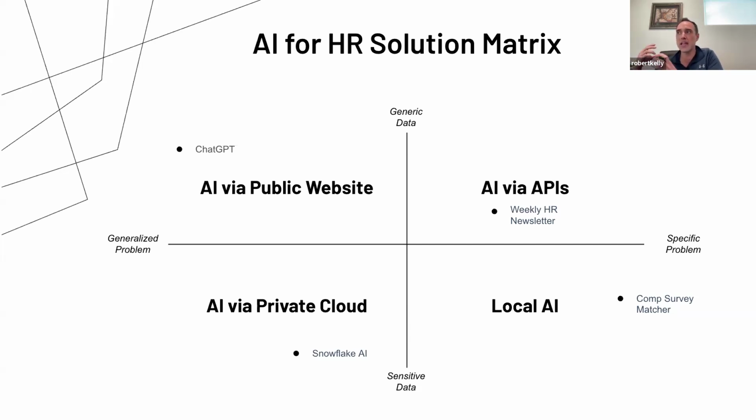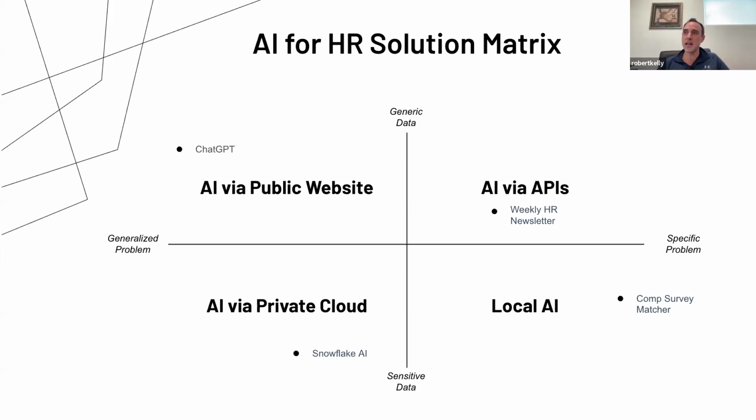You might have to send out a weekly blurb to your HR organization of what's going on in HR this week at our company. Generally speaking, that's more generic data, although there might be some sensitive data in that, but it's more generic data.